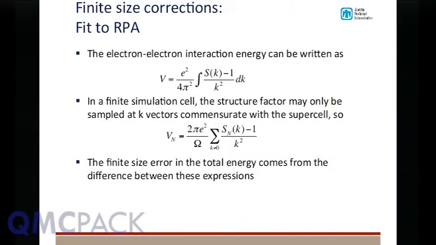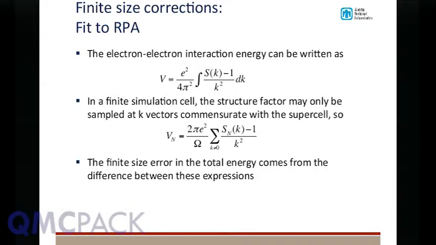Now the other scheme is what I was mentioning, fitting to the random phase approximation. So basically you can write the electron-electron interaction in terms of the structure factor of the system, but in a finite simulation cell, we're only getting certain samplings of the structure factor, right? Only those k points that are commensurate with my simulation cell will I see.